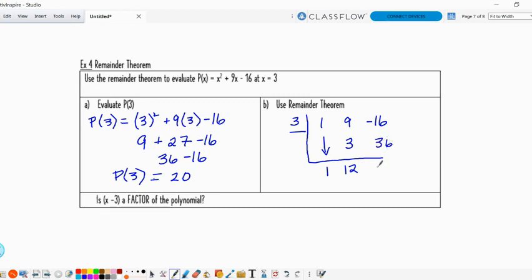And -16 plus 36 is 20. And as we discovered, that last term in synthetic division is our remainder. So we can see here, those are the same. That's the remainder theorem. Either way, when we plug in 3 or we divide by x minus 3 using synthetic division, we get a remainder. So x minus 3 is not a factor of the polynomial.